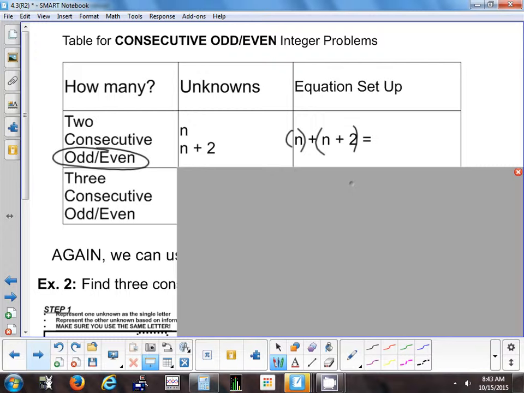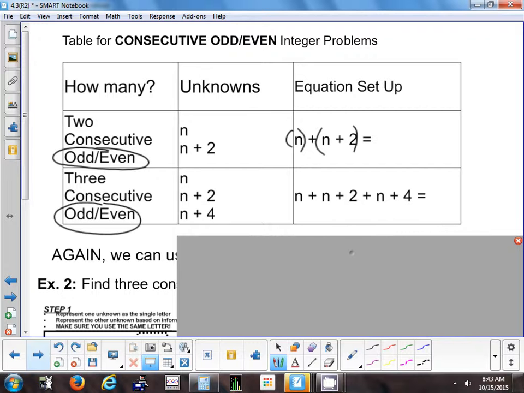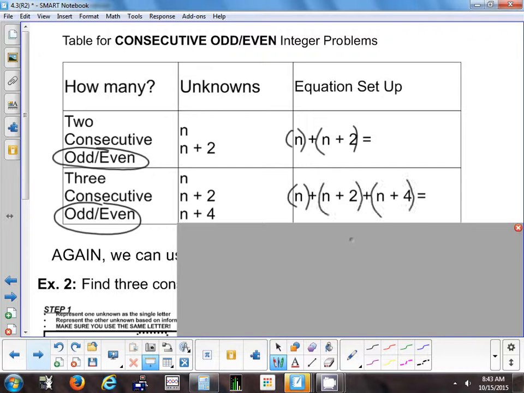How about 3 consecutive even or odd? First decide, are we doing +1s or +2s here? Kevin? +2s, because you see the odds or evens. Can you tell me all 3 of them? It would be n, then n plus 2, then n plus 4. Good. N, n plus 2, n plus 4.